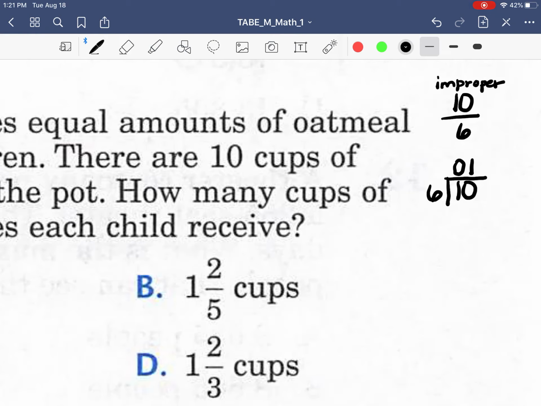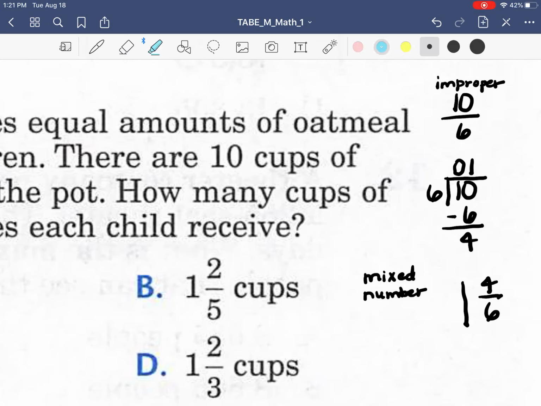6 can't go into 1, and it can only go into 10 one time. 1 times 6 is 6, and that leaves me with 4. So my mixed number that we were trying to find is 1 and 4/6.